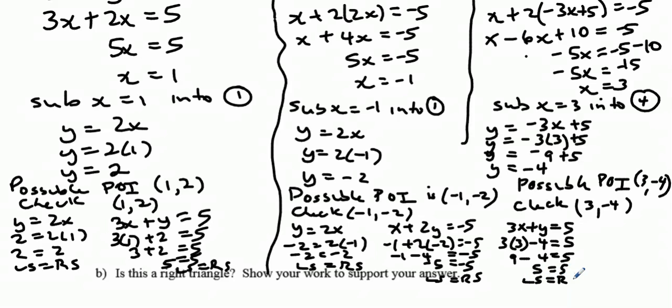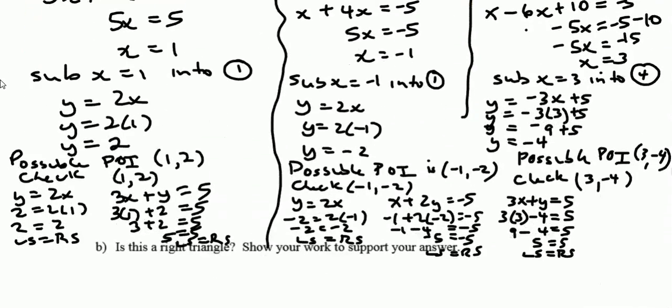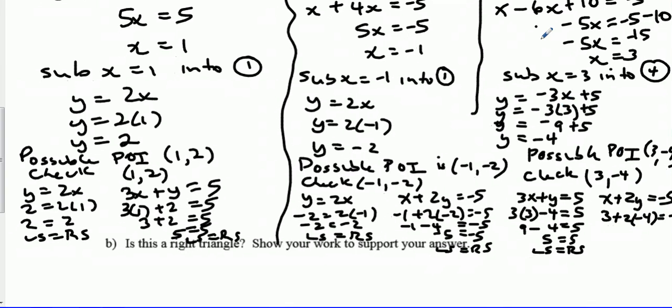We're going to do one more check here. Let's figure out what our equation is. X plus 2y equals negative 5. Remember, you've got to do the original. And so this is going to be 3 plus 2 times negative 4 equals negative 5. Sorry about that. Let me fix that.